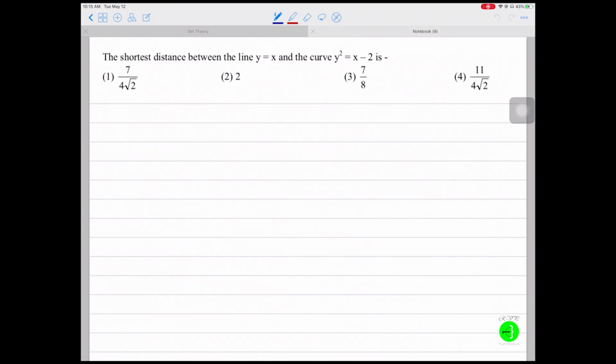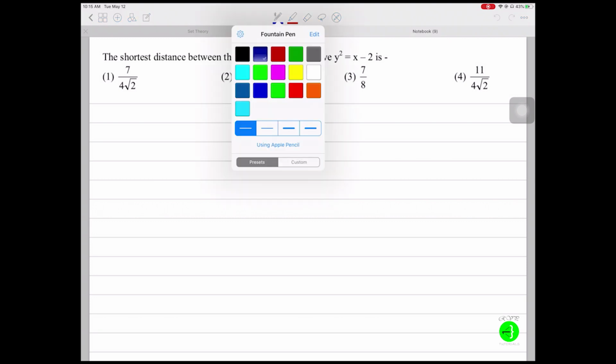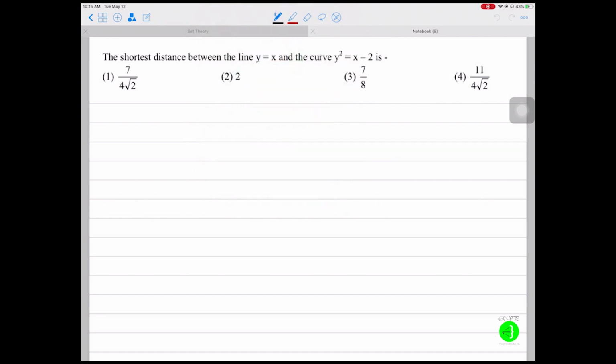The shortest distance between the line y equals x and the curve y squared equals x minus 2 is. Let's try to plot the curve. So this is our Cartesian plane, and the line y equals x passes through the origin.